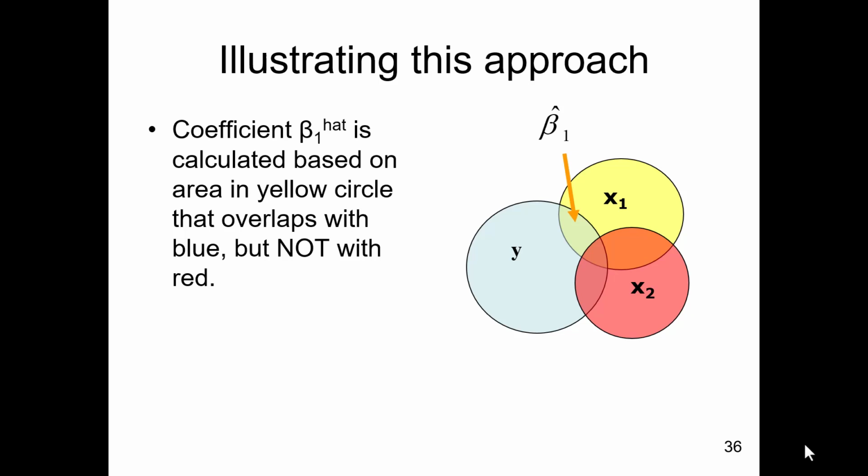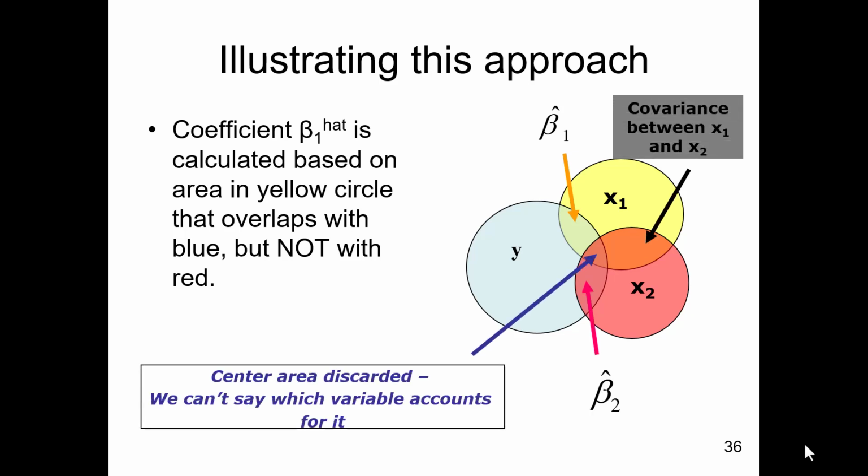So we want beta 1 looking at just the relationship of x1 and y while holding x2 constant. And beta 2 does the exact same thing. The center overlap is discarded because we can't say which variable actually accounts for that amount of variation in the dependent variable.